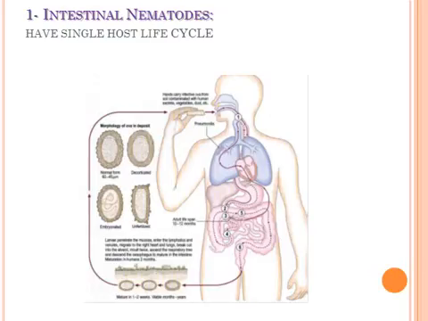If you look at the life cycle, it is simple. It needs one host. Some of the stages are found inside the intestine, and then the ova outside in the environment, and the infection is oral by the infective stage.